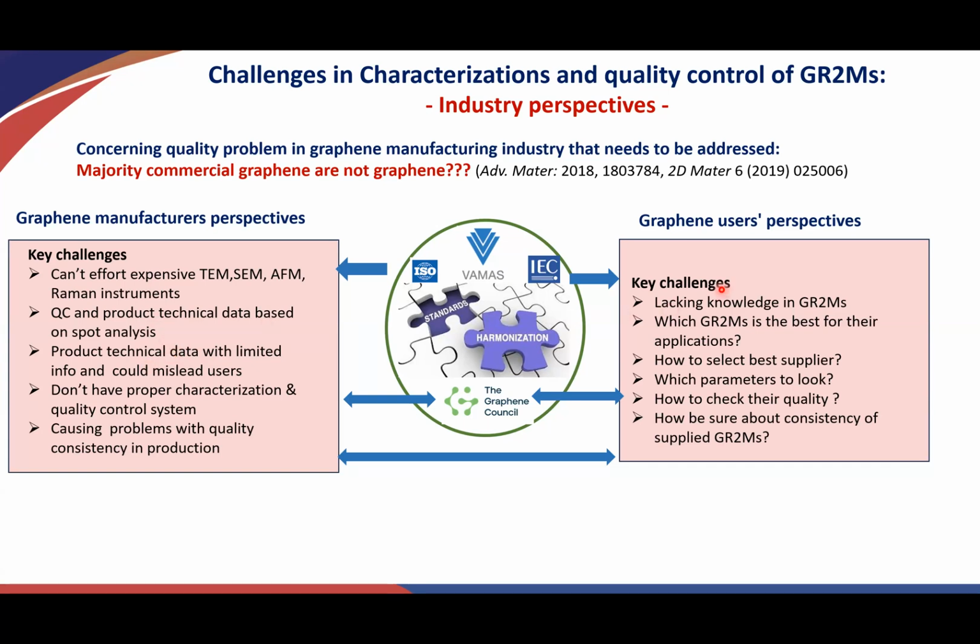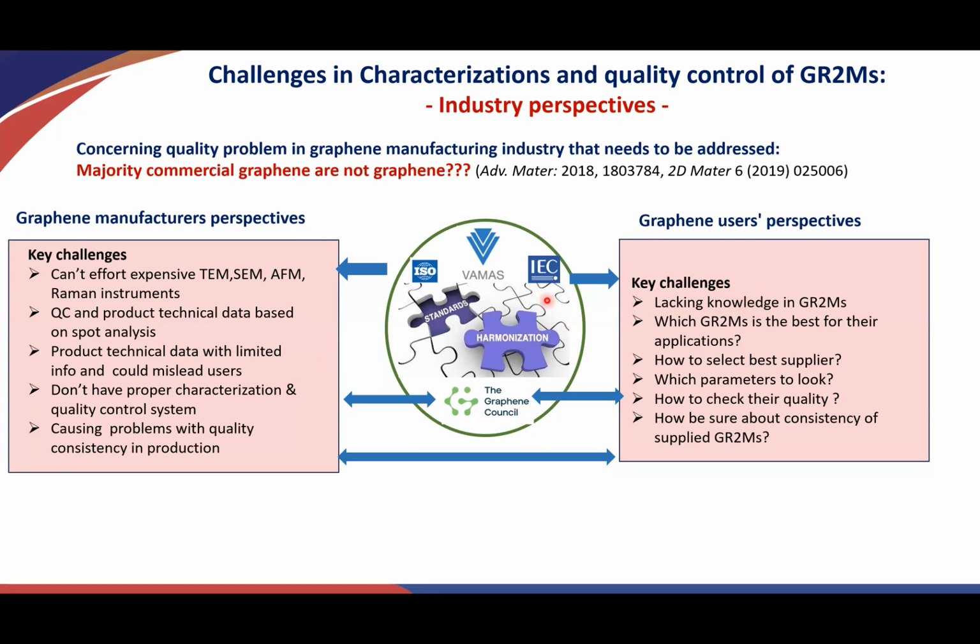From the graphene users' and product developers' perspective, the situation is even worse because they struggle to select the most appropriate graphene material on the market and the critical properties they need for their application.